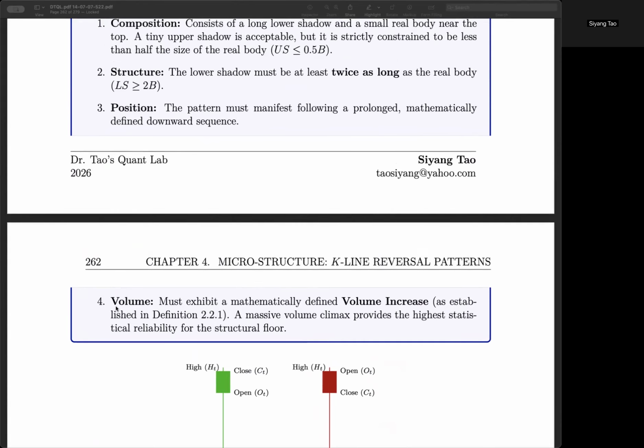A massive volume climax provides the highest statistical reliability that institutions are actually present. Notice that we do not care if the closing body is green or red. The color of the consensus is secondary to the extreme length of that lower shadow.